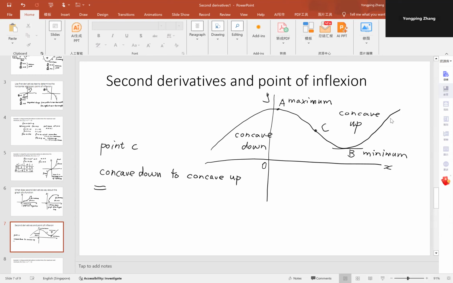So point C is a point of inflection. This part is concave down, this part is concave up.